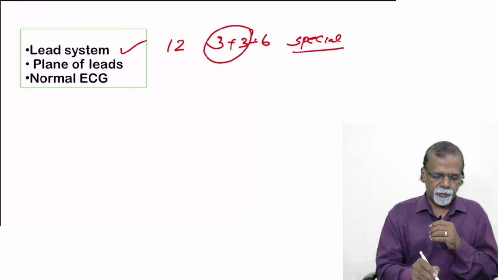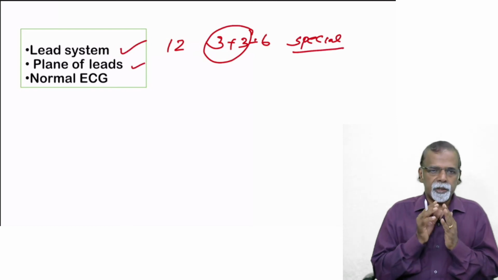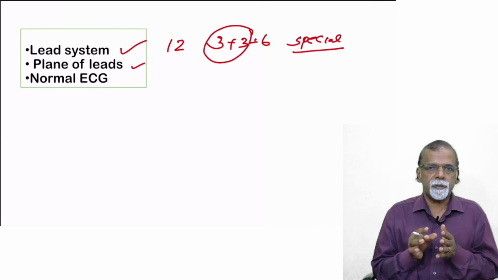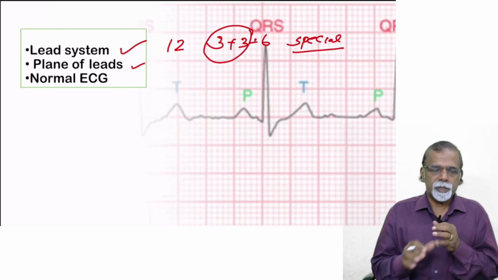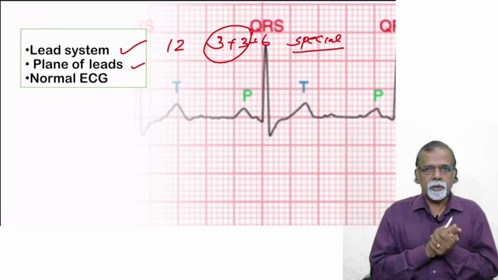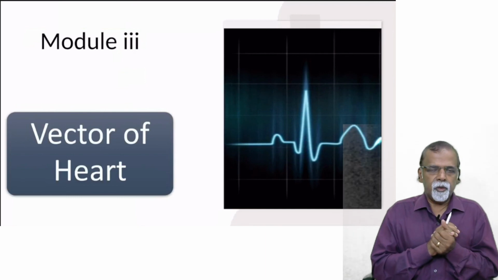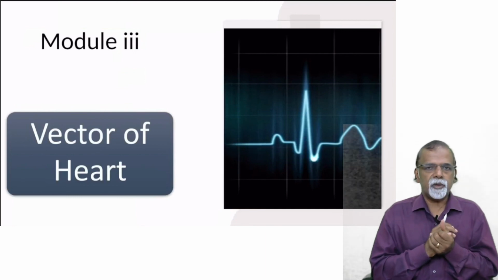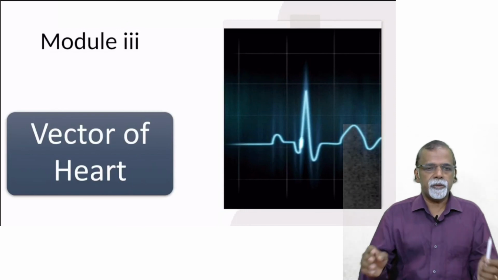So we discussed the planes and an overview of the normal electrocardiogram, and the details of the normal ECG we will be discussing in the next session. This is the end of module 2, and in module 3 we will discuss the vector of the heart, and in the following sessions we will discuss the normal ECG and rules related to it.